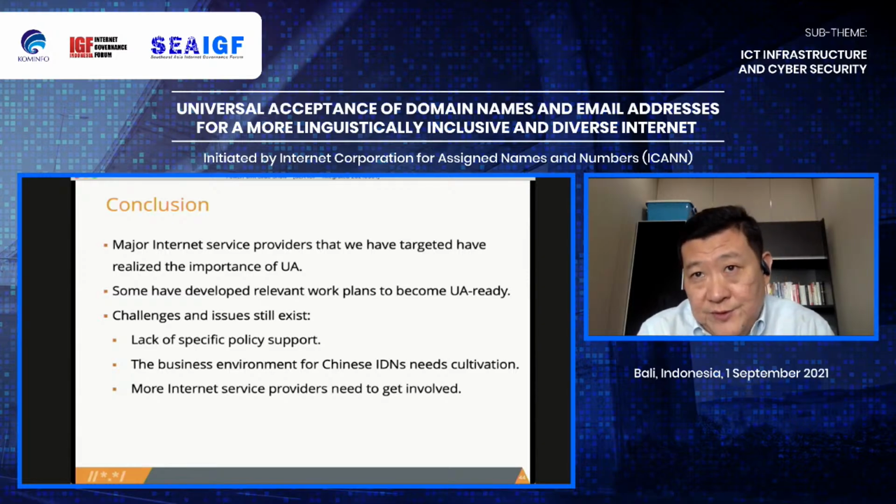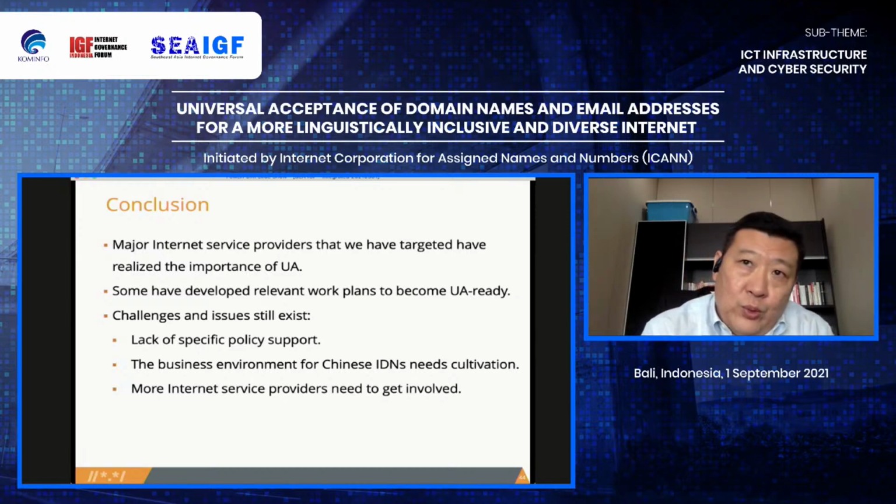toolkits. Those functions for the support of IDN are not really good. I think that is a challenge, and it also needs a long time to educate and persuade them to understand the value of IDN and the importance of UA issues.